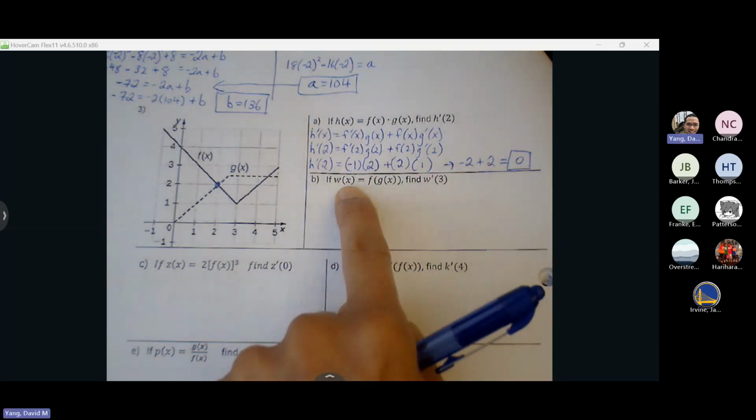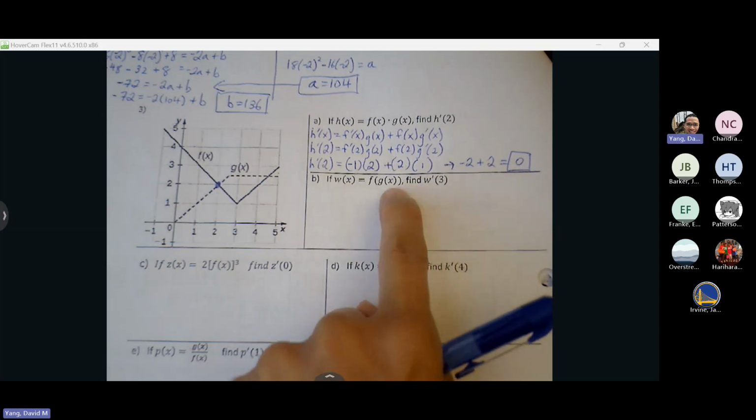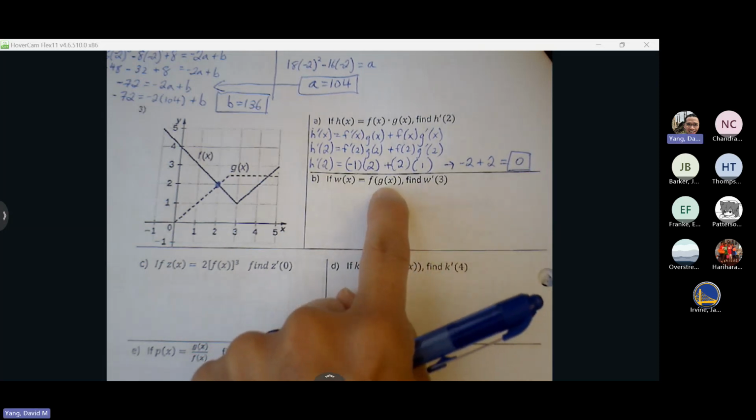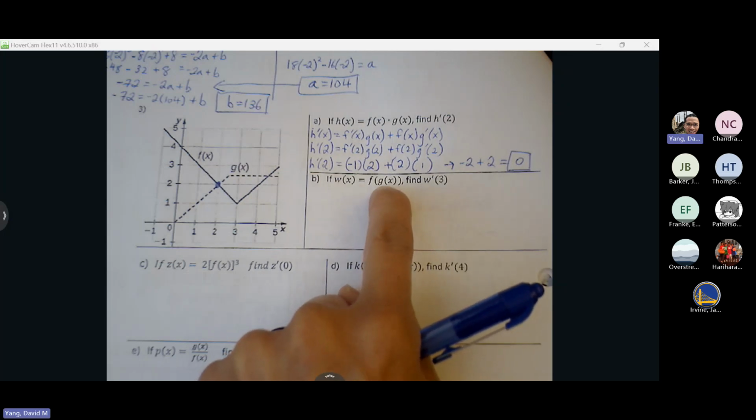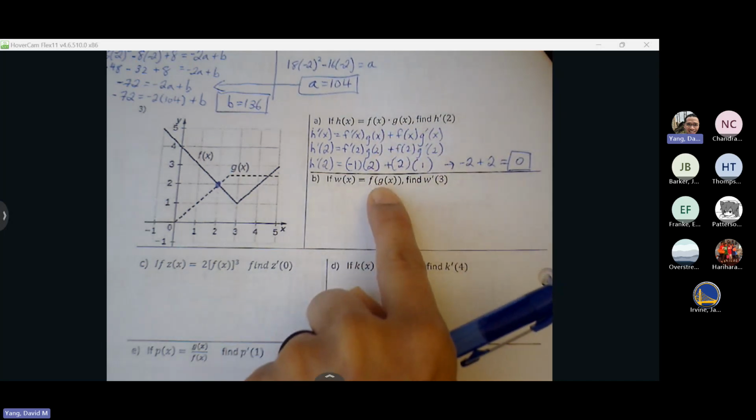For B, if w of x equals f of g of x, find w prime of 3. Now this one, what rule do we use here? Chain rule, yeah. This is clearly a function within a function. If you had two different x's, then it would be product rule. So hopefully we can see that distinction between product rule and chain rule.